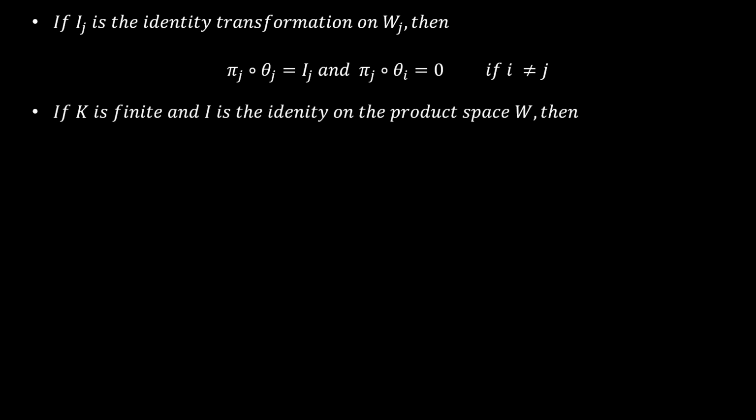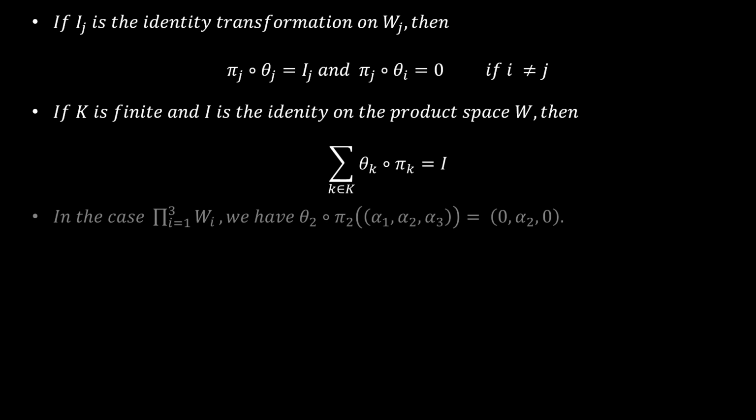If k is a finite number and I is the identity on the product space W, then this is how we could also write it. So the summation of everything amounts to the identity matrix, or transformation.